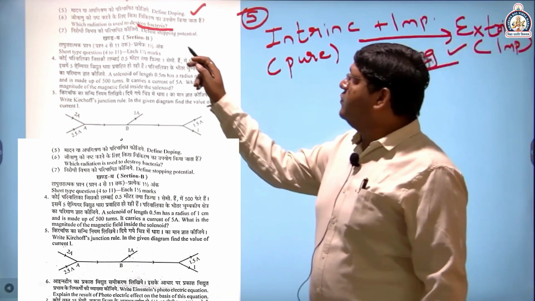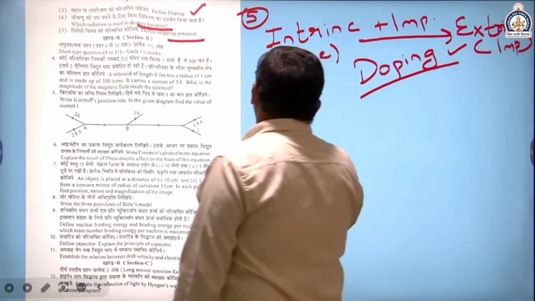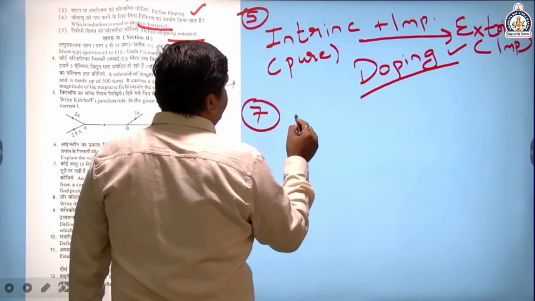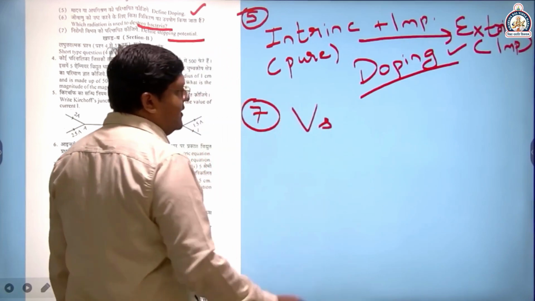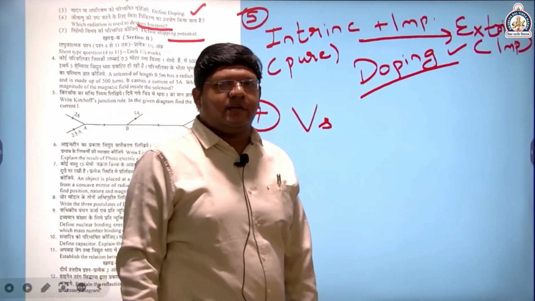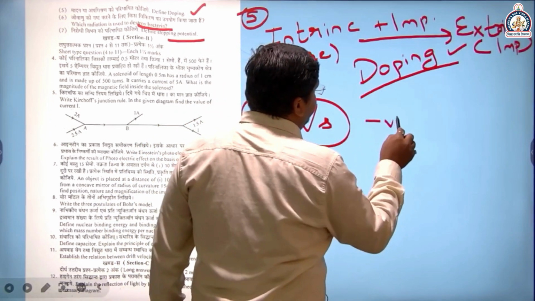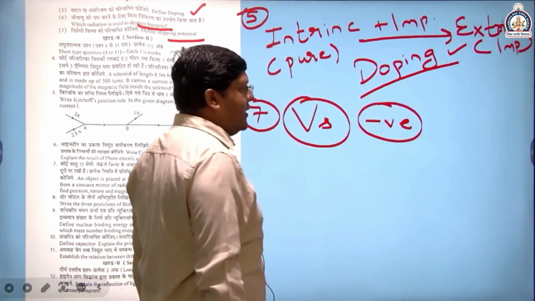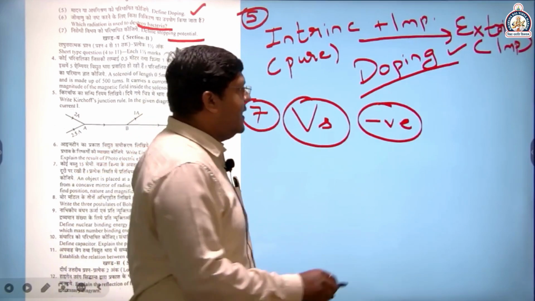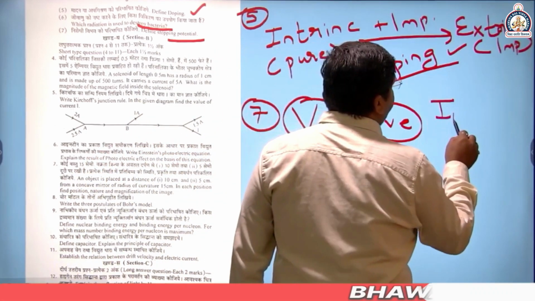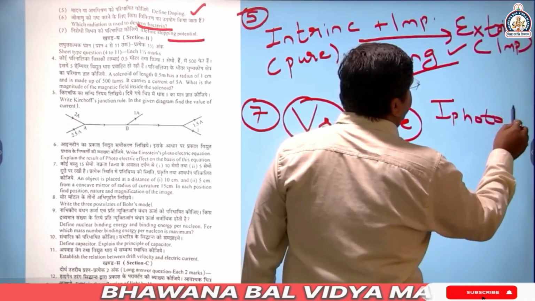Okay, the next question is stopping potential. The working is the same as the name suggests. Stopping potential is denoted as Vs. It is the negative potential. Which potential? Negative potential, which stops which current? The photoelectric current.